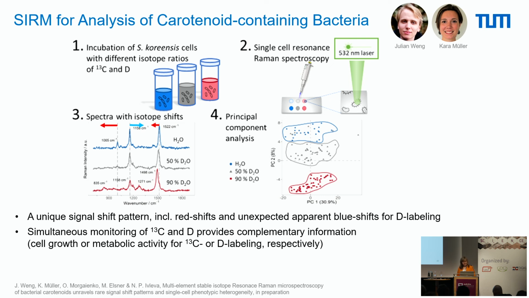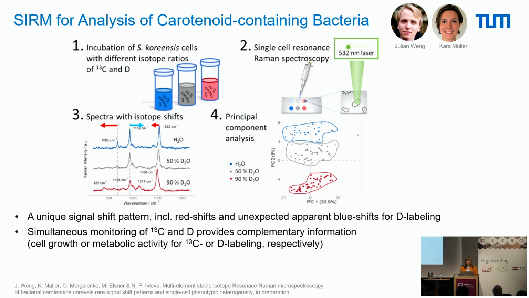And at the end, some really new results which are still in preparation. We hope to submit them soon, from Julian Weng and Kara Müller, where we apply the stable-isotope Raman approach for the analysis of carotenoid-containing bacteria.